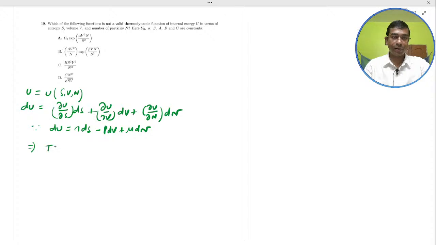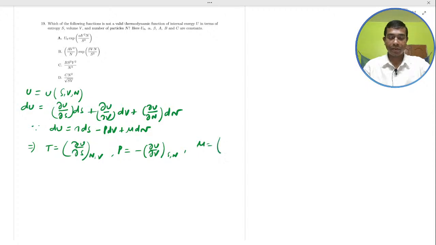So you would get the value of T as del U del S at constant N and V, the pressure as del U del V at constant S and N, and the chemical potential as del U del N at constant S and V.